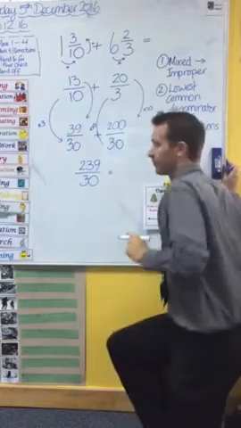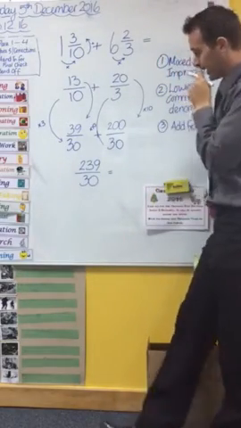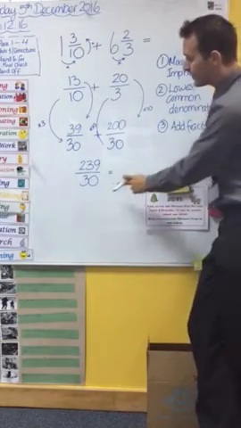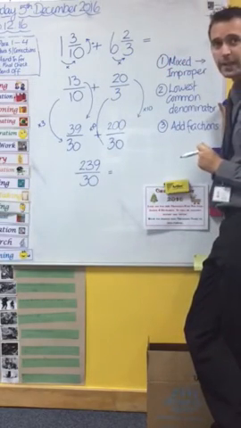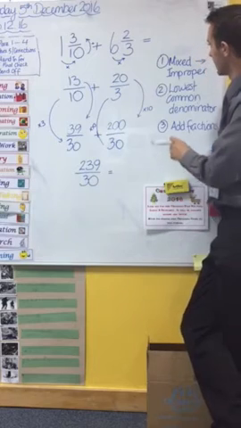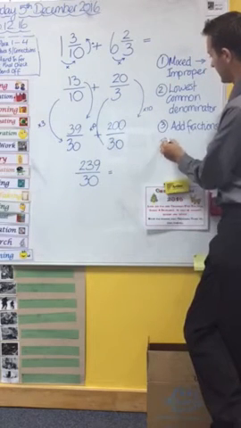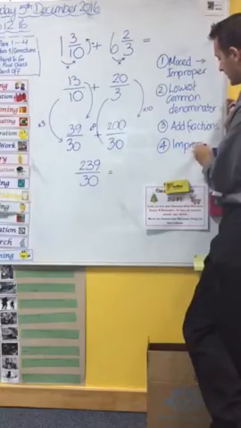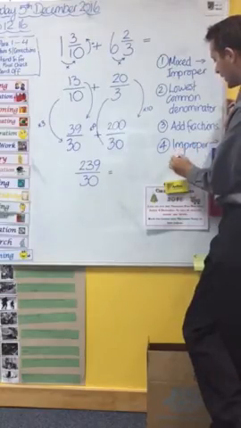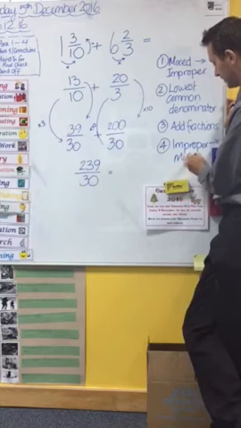Now our last step is to work out how many 30s go into 239 so that we can find out what our mixed number is, because the fourth step is to go from improper back to mixed, so we can find out how many whole cakes have been eaten.